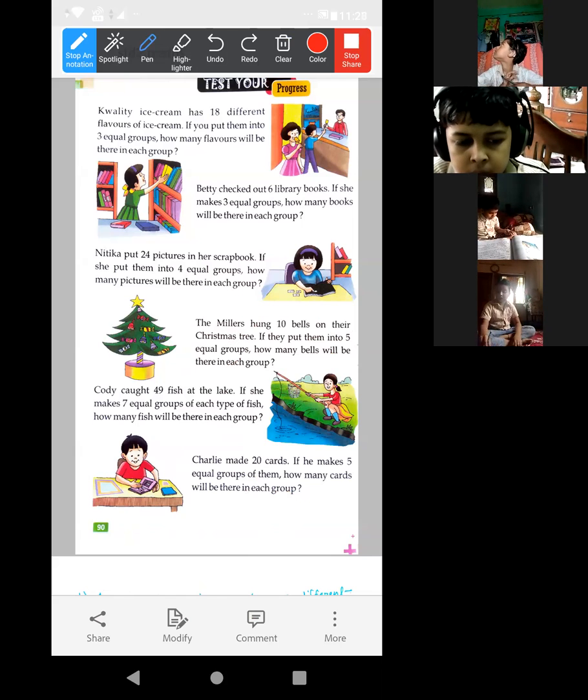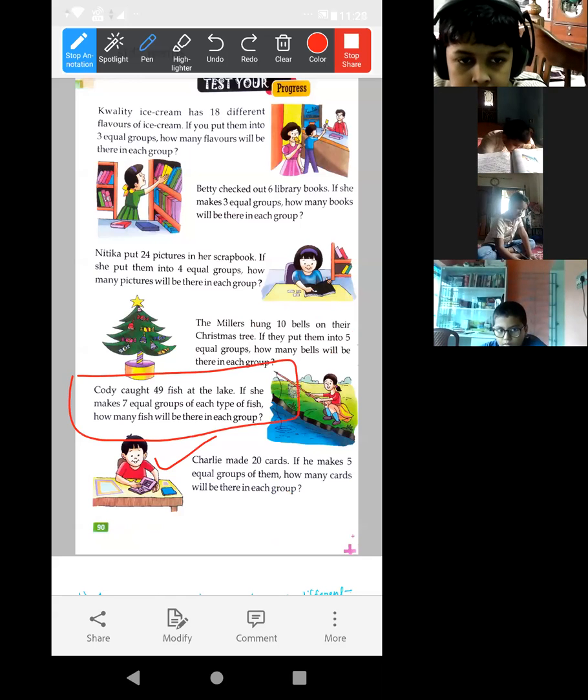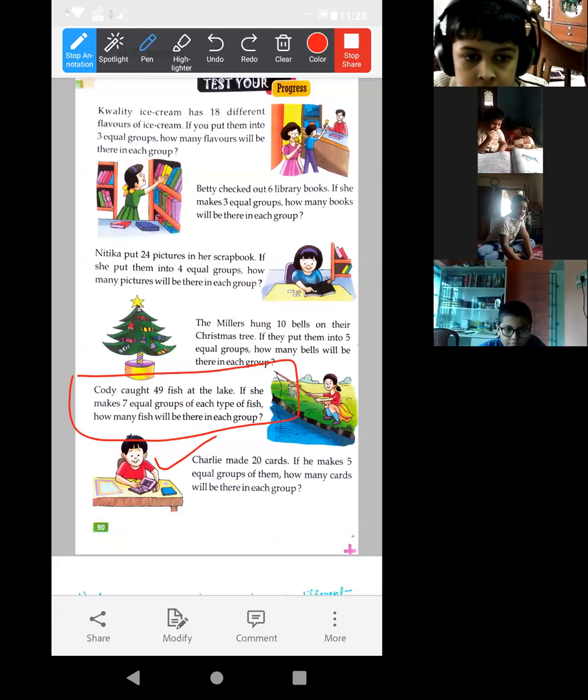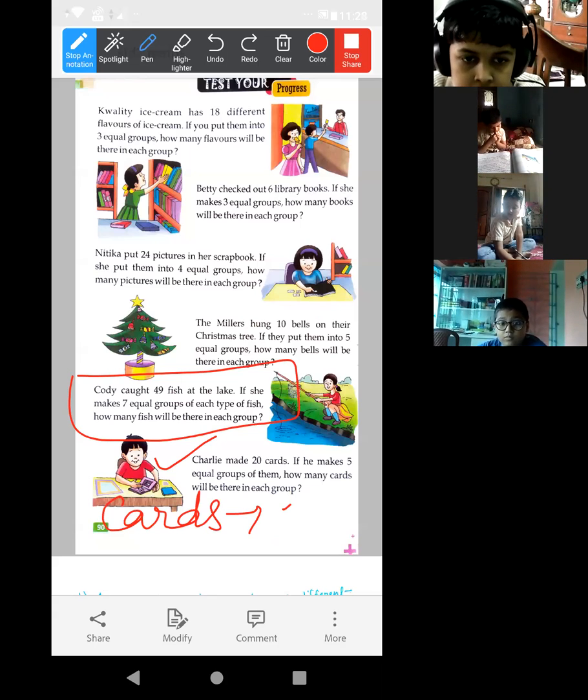Now the sixth one. Fifth one is your homework. Charlie made 20 cards. How many cards are there? 20. If he makes 5 equal groups of them, how many cards will be there in each group?